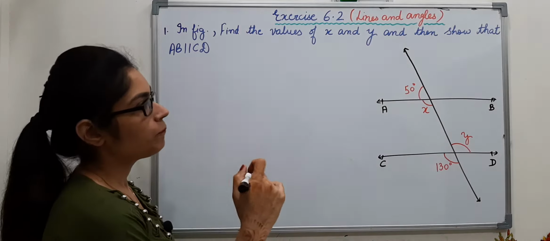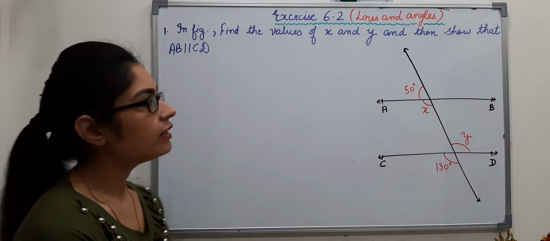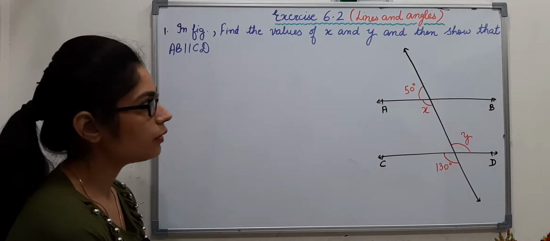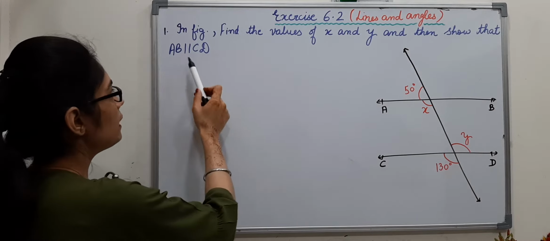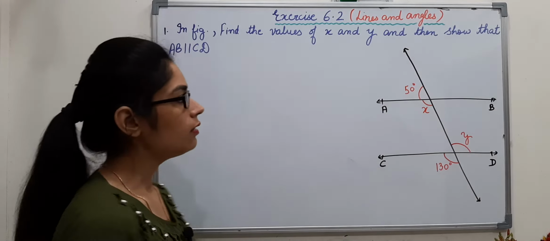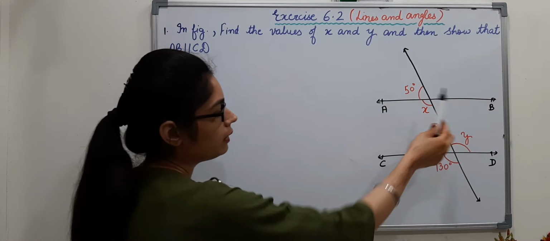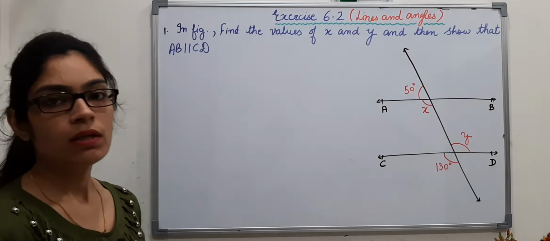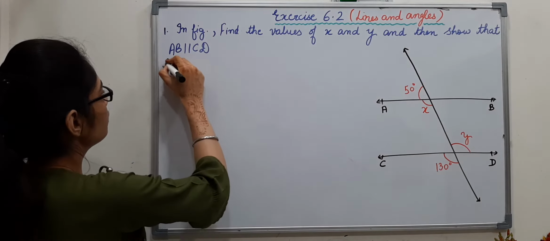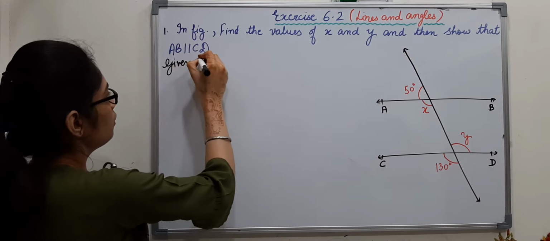So the first question of this exercise is, in figure find the values of x and y and then show that AB is parallel to CD. So this x and y we have to find, plus we have to show that AB is parallel to CD. So I have already told you in this type of questions, first of all write the given things.